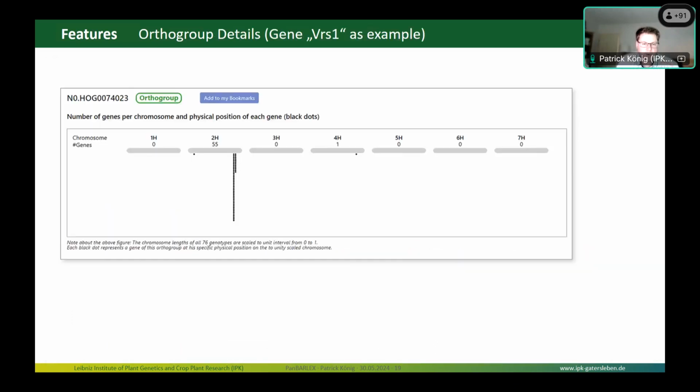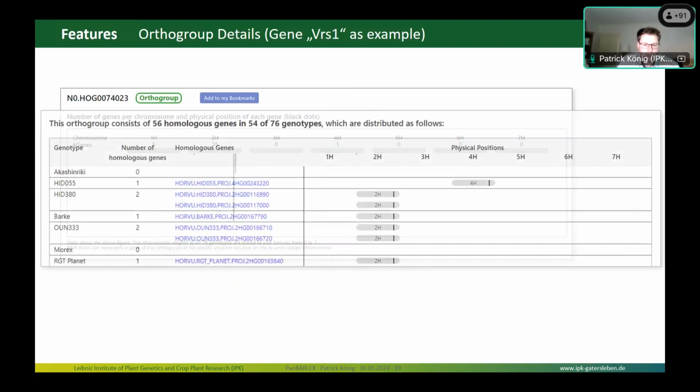Then we have also a detail page for the orthogroup where you can see the visualization of the spatial distribution of genes in a bigger size, and also below you get a table where you can see for all the 76 pan-genome genotypes which genes are in the orthogroup and also how many genes.